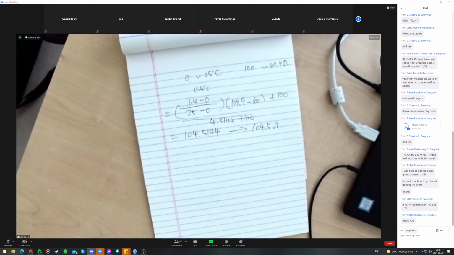Usually for this type of question, if you want to get the answer really close, you pick the two temperatures that 11.4 is between, 0 and 25 degrees. Especially later on, when we talk about temperature sensors, a lot of the time they are not so linear. So if you pick between 0 and 100 degrees, using 100 ohm and 139.3 ohm, you might not get an answer so close.